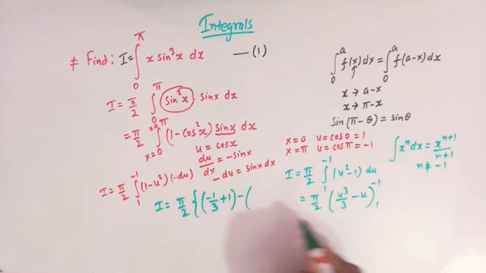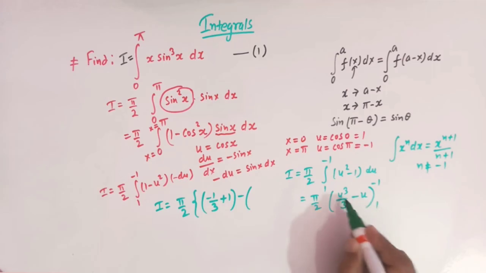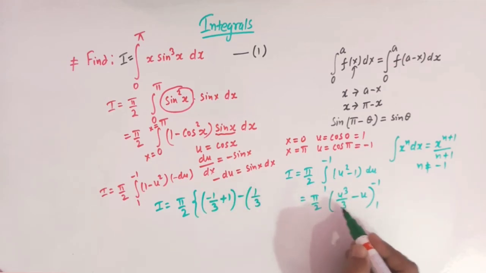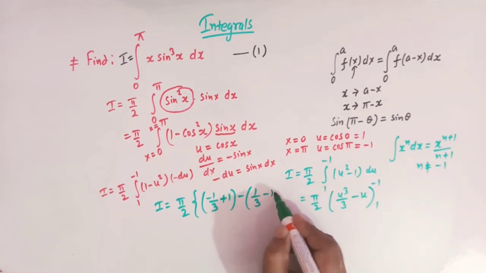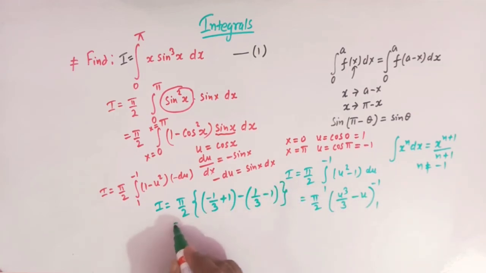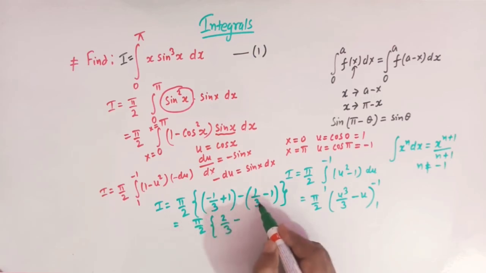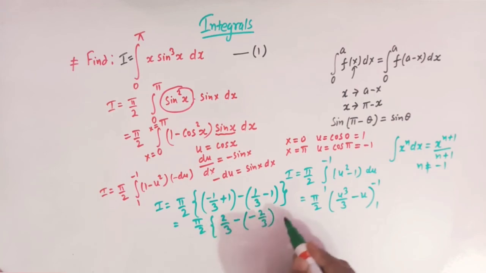Then we have here u is equal to 1, so 1 cube is 1. This is 1 over 3, and here we have simply 1, right? So now we have pi over 2, and here we have 3 ones are 3, 3 minus 1 is 2 over 3, and here we have minus 2 over 3, right?